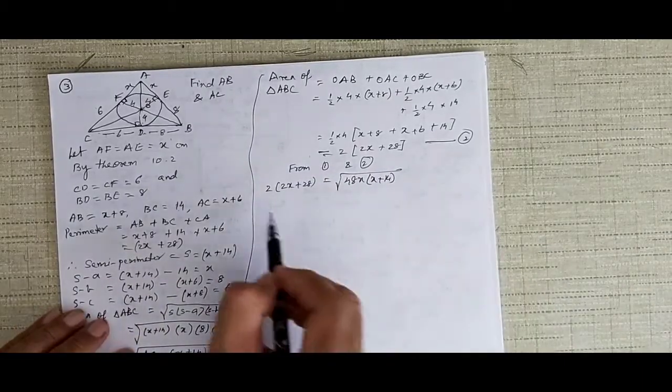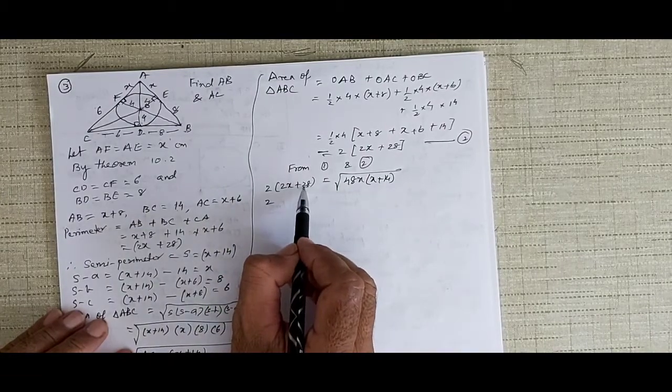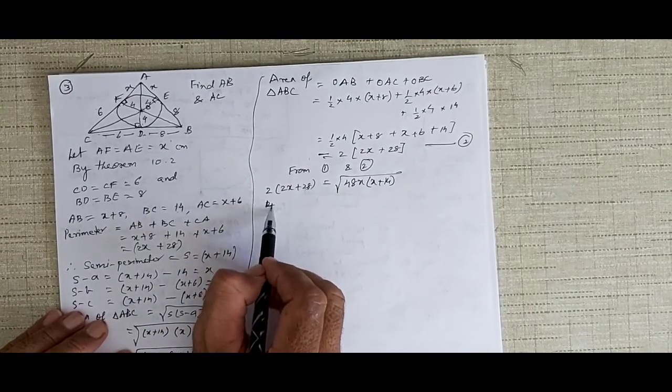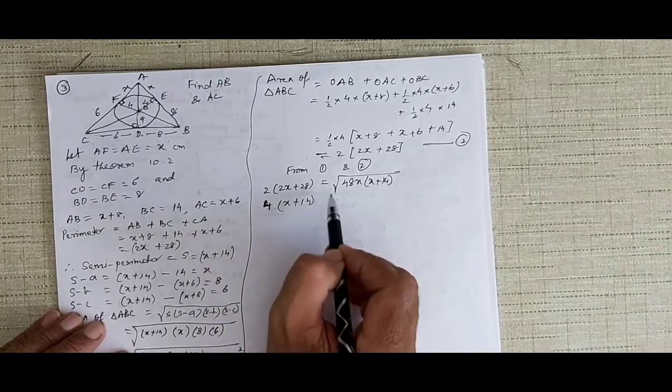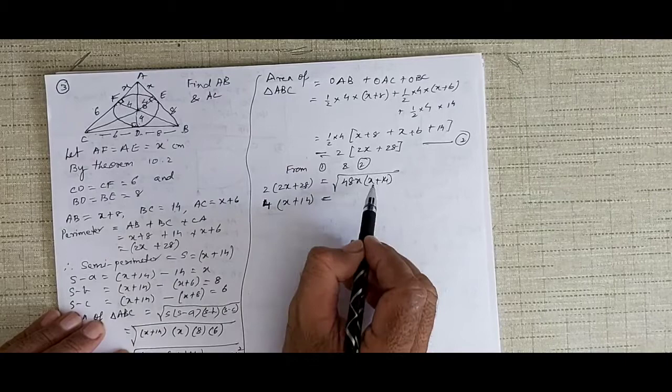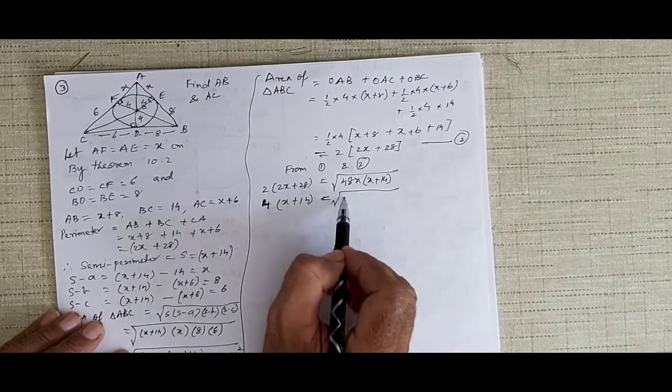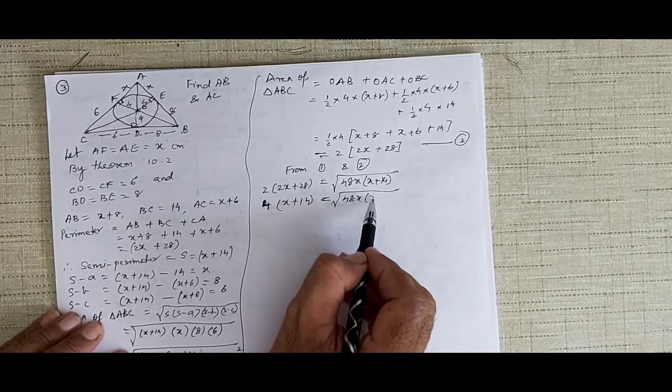If I take out 2 common here, then 2 2s are 4. 4 into bracket x plus 14 is equal to, if I keep this as it is, root of 48x into x plus 14.